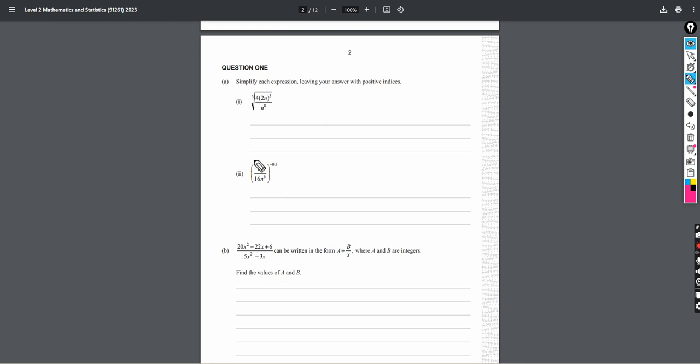Again, just simplify inside first, so you're going to get 1 on 16 n cubed to the power of minus 0.5, which equals 1 on 16 to the minus 0.5. I'm pretty sure it's a quarter, but verify that in your calculator.